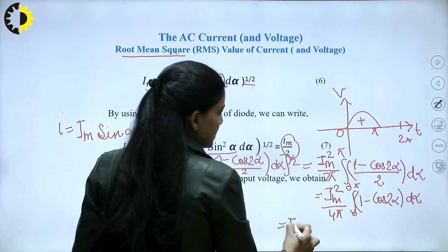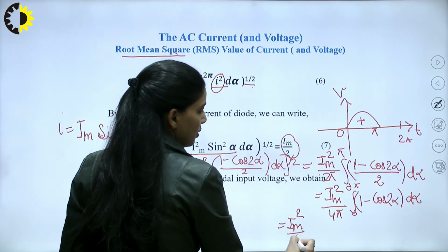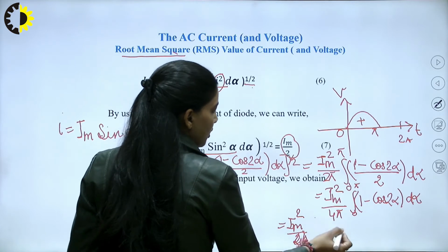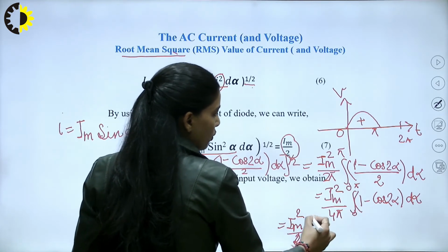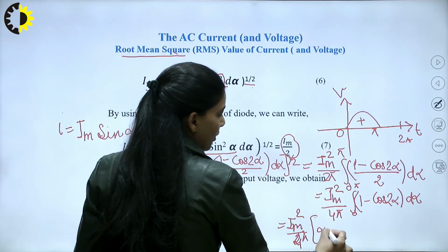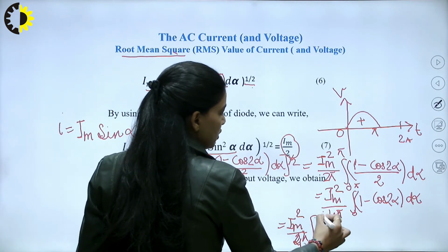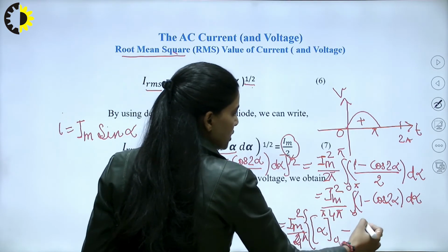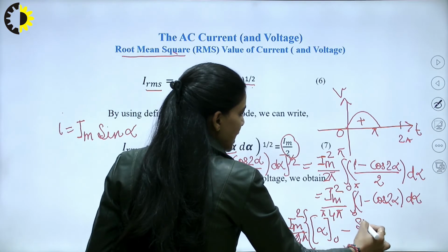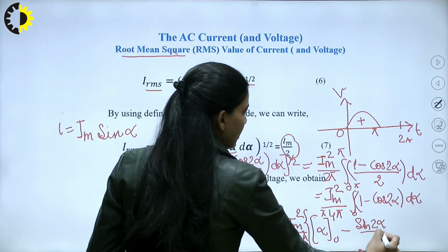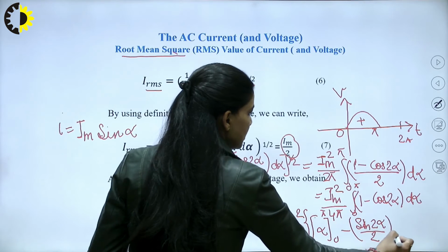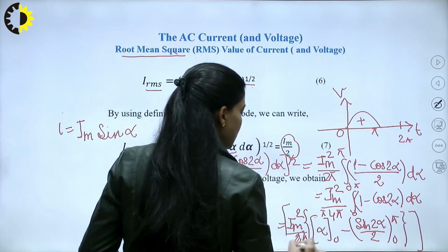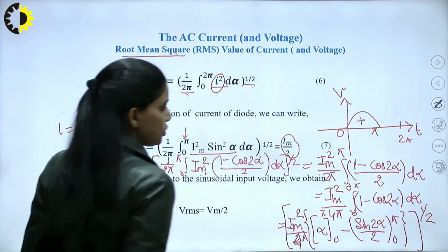So, this will give us Im square by 2, 4 pi, and integrating this one we get alpha and its limits will be 0 to pi, minus cos 2 alpha will give us sin 2 alpha by 2 with the limits 0 to pi, and complete is given by 1 by root 2.